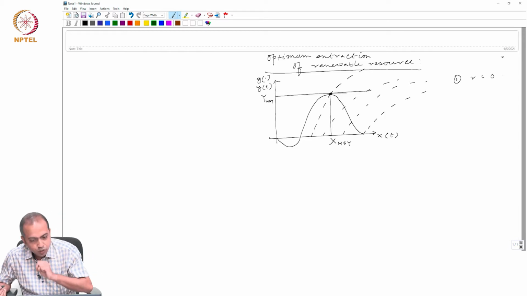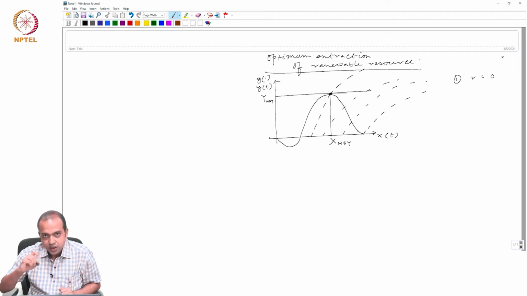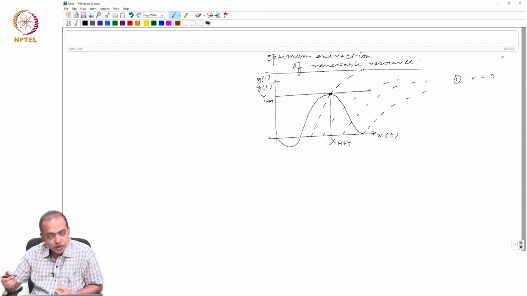If there is no discount rate, then even if we maintain a stock higher than x MSY, since there is no benefit from preserving the resource for future use, it is better to use the resource today. So the rate of extraction will increase, and the situation will come back to this point.